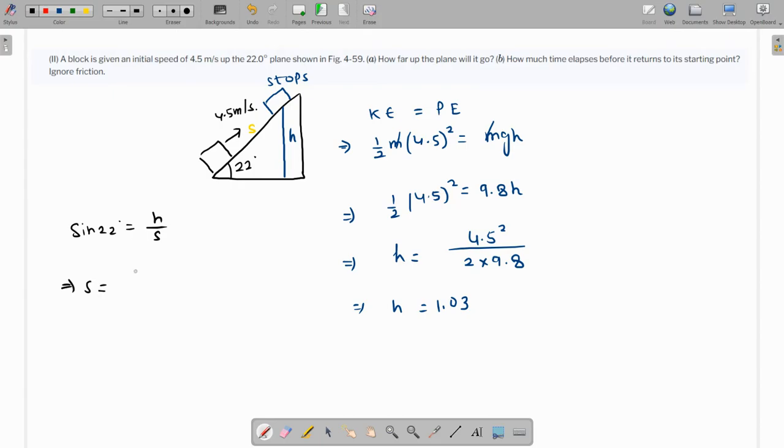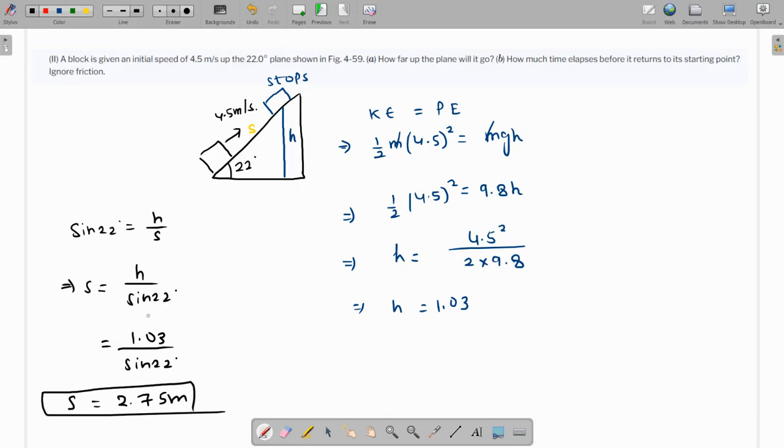So s is going to be h over sine 22, and we already have the value of h, which is 1.03. So 1.03 over sine 22 is going to be equal to 2.75. So s is going to be 2.75 meters. This is the answer to part A.